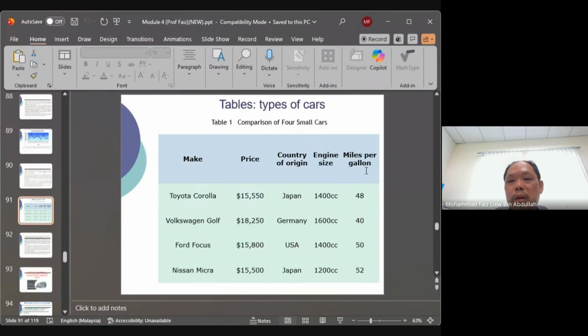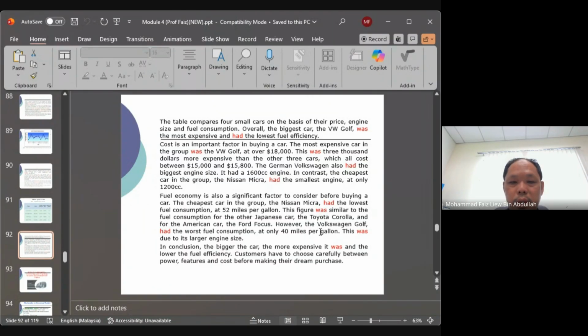Each keyword will be 1 point for evaluation. Just now we talked about cost, then the next line talks about fuel consumption, and earlier the cost and the engine size points were together in one.